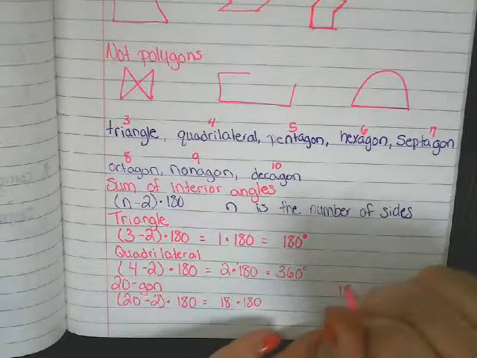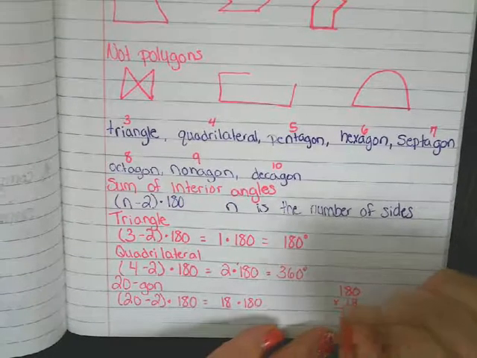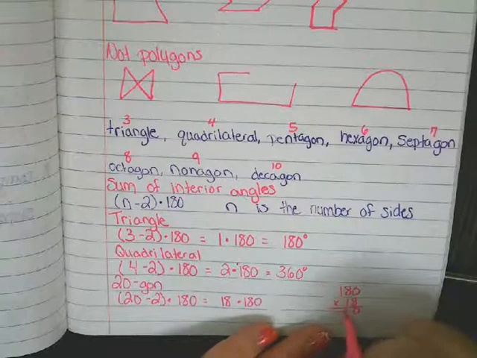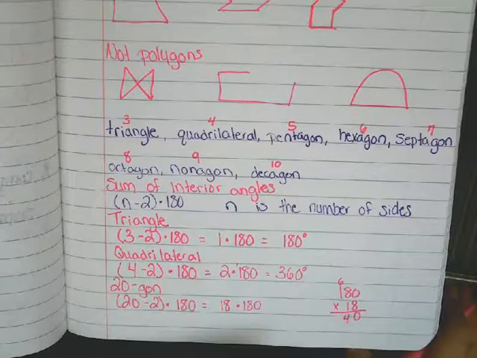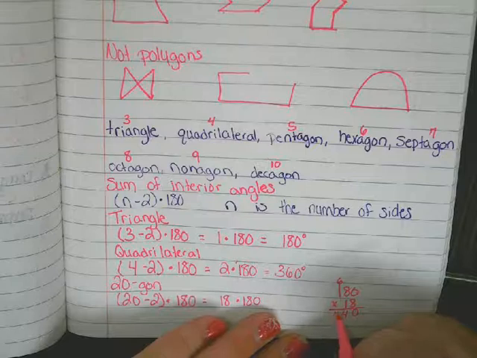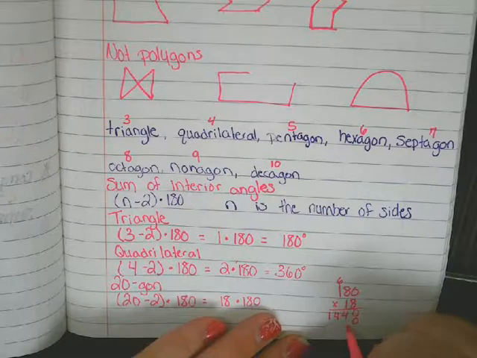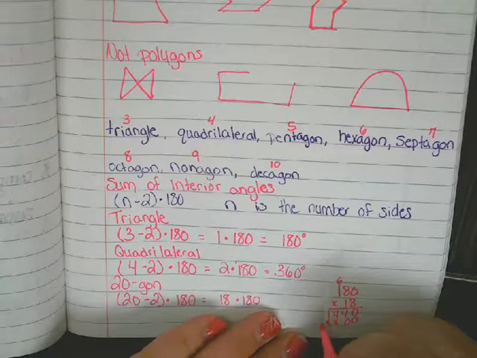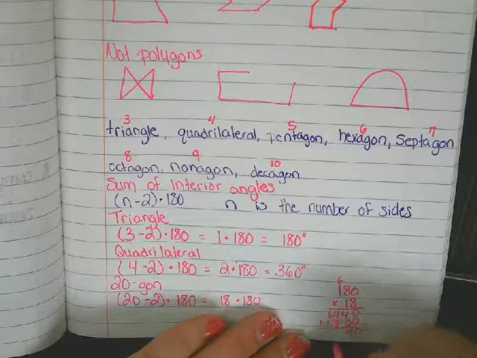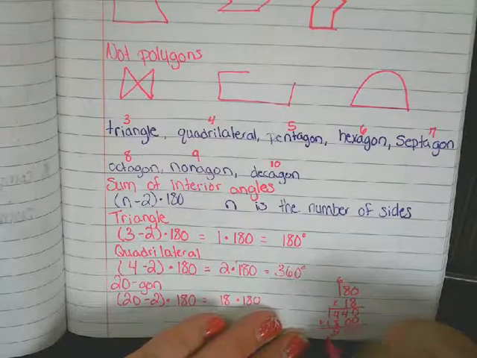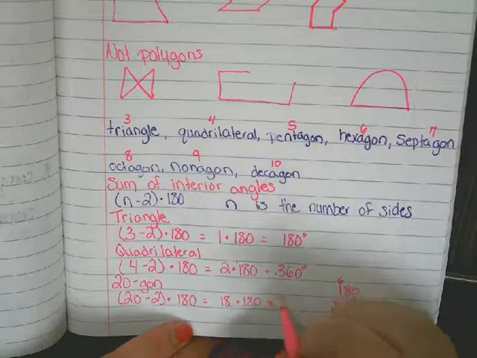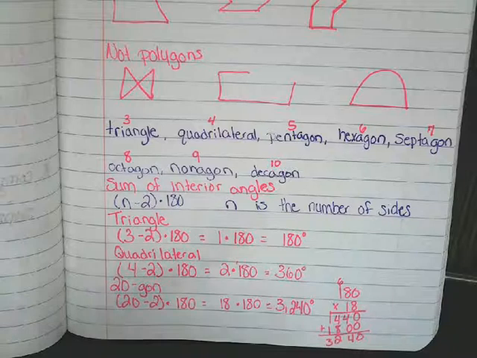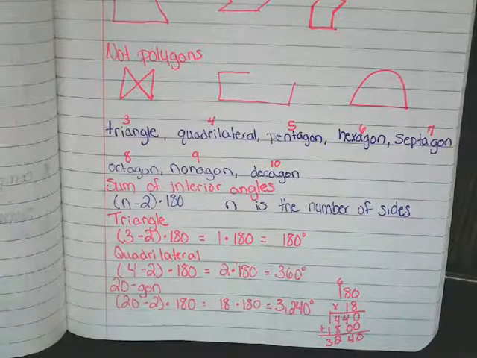Well, 8 times 0 gives me 0. 8 times 8, 64, carry a 6. 8 times 1 plus 6, 14. Add a 0. 1 times 0, 0. 1 times 8, 1 times 1. So add those together, and I get 3,240 degrees. Any questions?